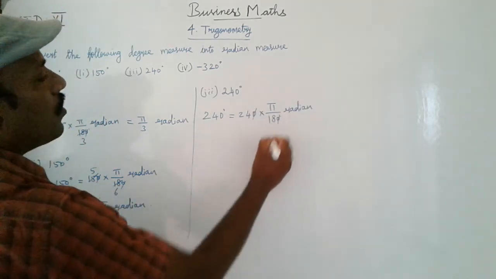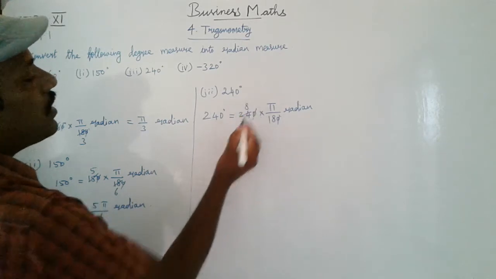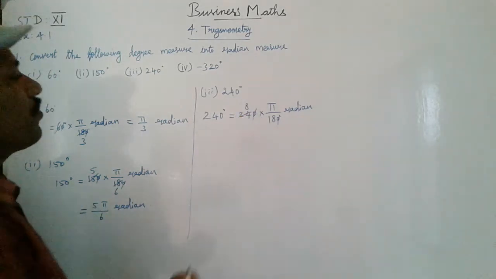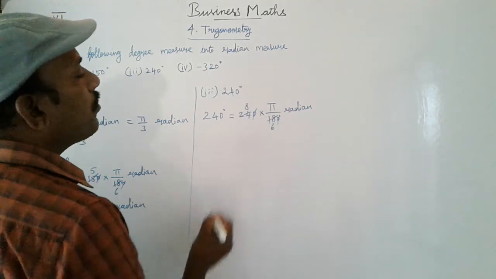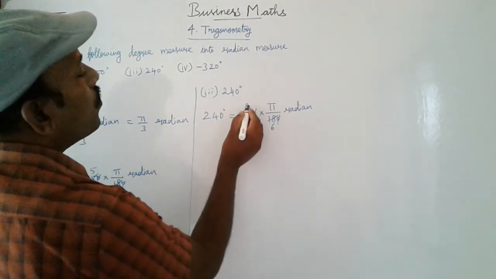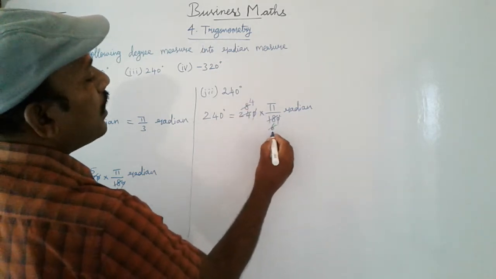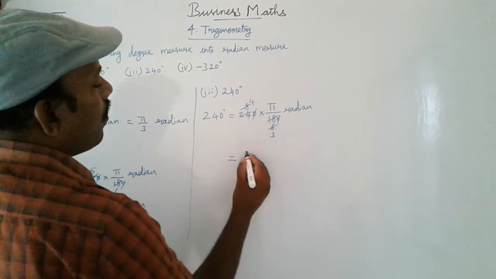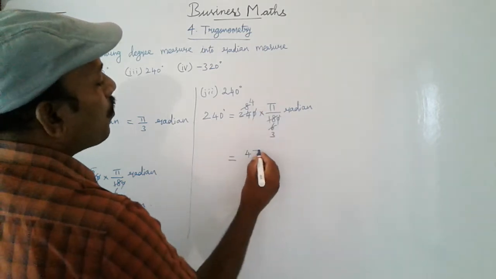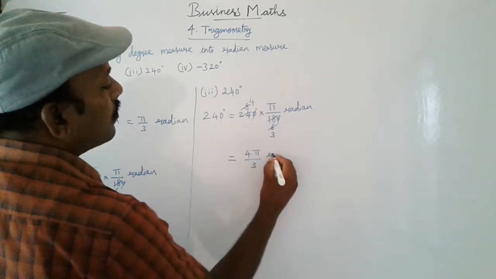So ten tens cancel. 3 eights are 24, 3 sixes are 18. Again 2 fours are 8, 2 threes are 6. So that is equal to 4 pi divided by 3 radian.